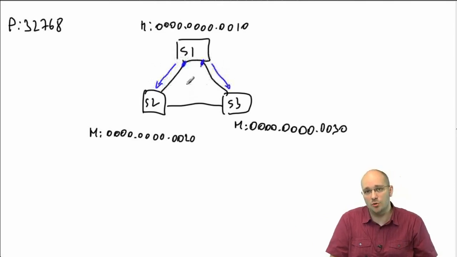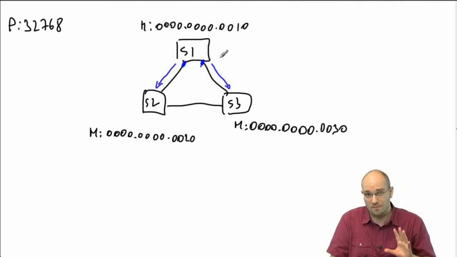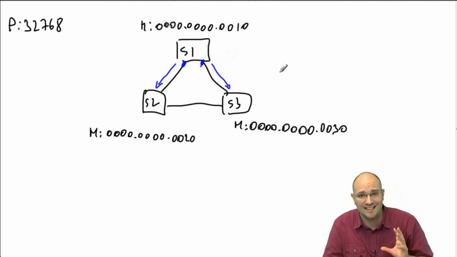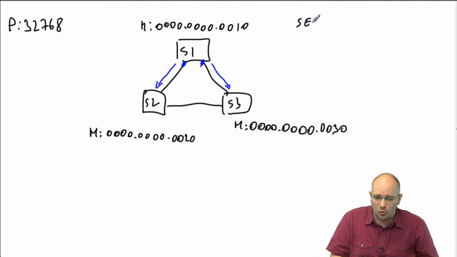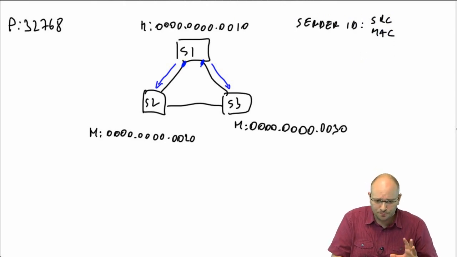In these BPDUs, I'm going to have a few important chunks of information, the important data in these BPDUs. The first one will be something called sender ID. Sender ID in spanning tree is really just the source MAC address of the transmitting port.